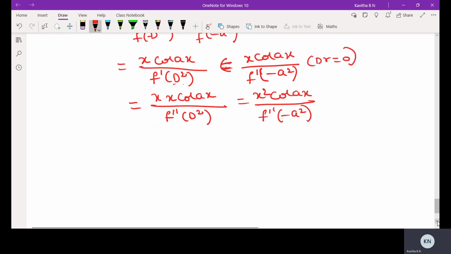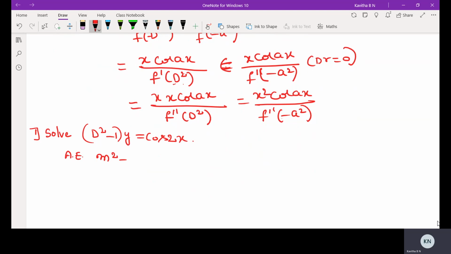Take this problem and solve: D square minus 1 of y is equal to cos 2x. First find the auxiliary equation: m square minus 1 is equal to 0.